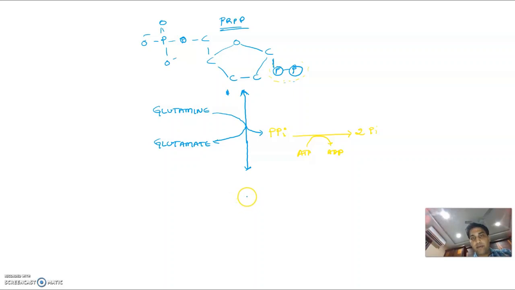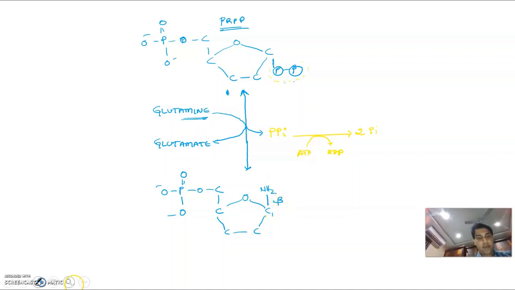So what will happen now is, the amino group that has been taken from glutamine is attached to C1 of this ribose sugar in a beta configuration.